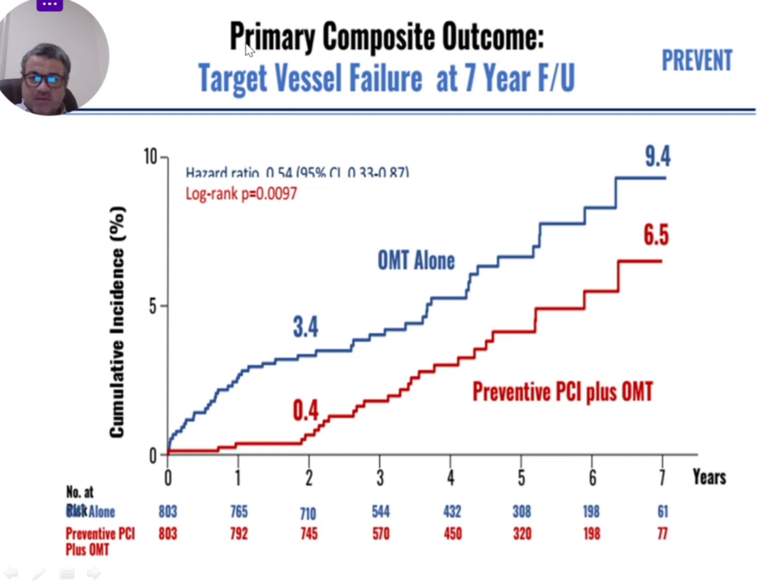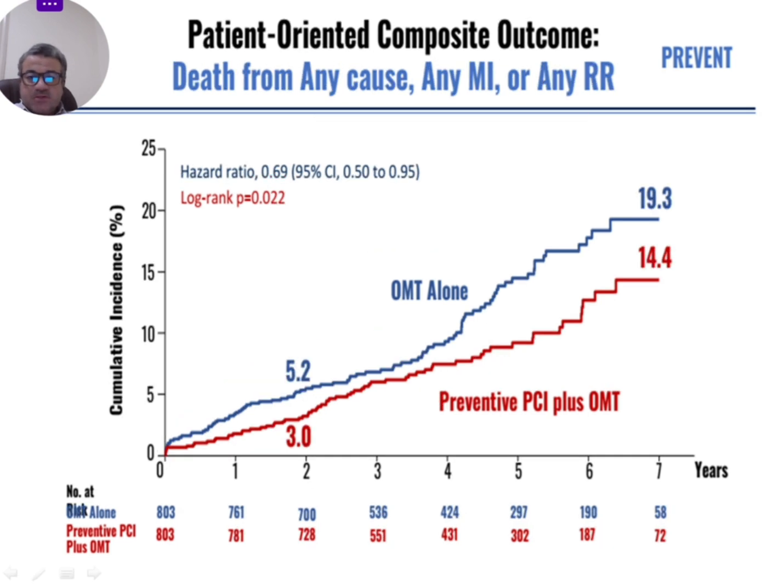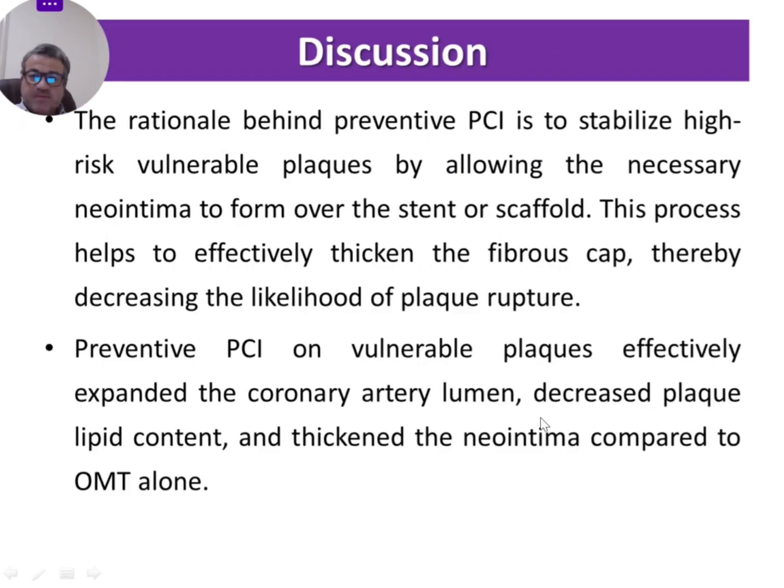Still for the primary composite outcome, target vessel failure at 7 years, the two lines are widely separated from each other until the 7-year follow-up, with a highly statistically significant lower cumulative incidence in favor of PCI plus optimal medical therapy. Also, if we take a patient-oriented composite outcome, death from any cause or any MI, we still see the same separation of lines in favor of preventive PCI plus optimal medical therapy.